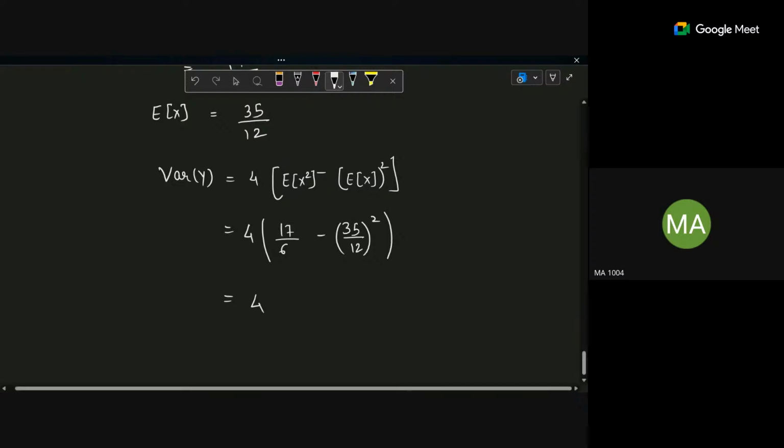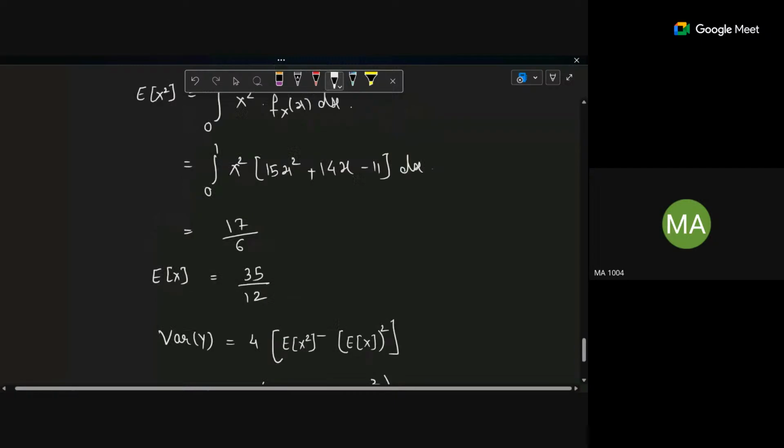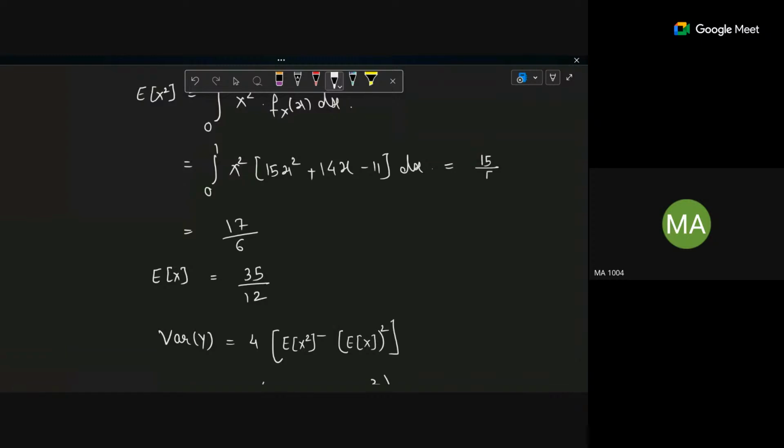So here you will get this one integrated: power 5, 15 by 5 plus 14 by 4 minus 11 by 3, right?